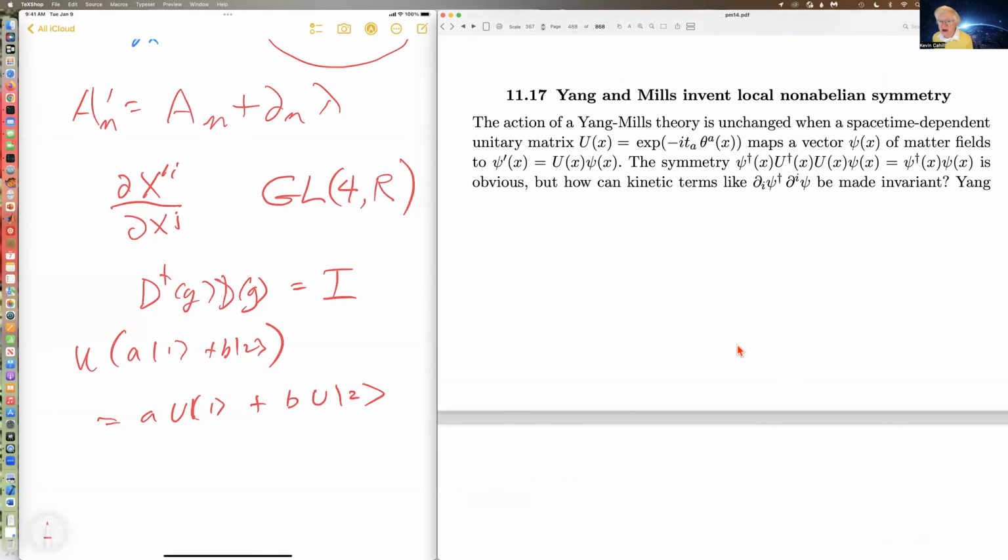All right, so I want to say some things about Yang-Mills theory and gauge theory, and the standard model is basically one big, huge example of Yang-Mills theory or of nonabelian gauge theory.